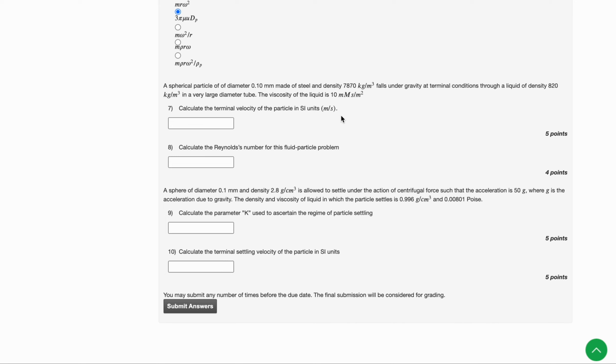So that means it will be this much of Pascal second.